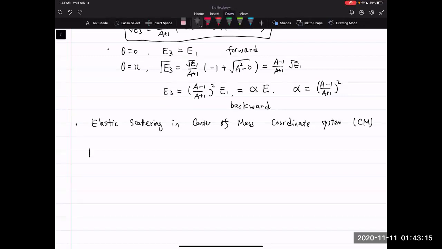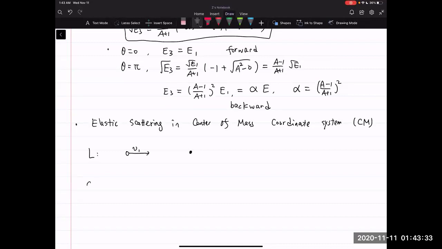In the lab coordinate system, we have particle 1 with the velocity v1, and the target is at rest.